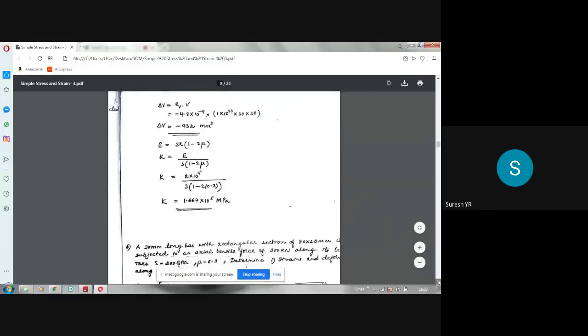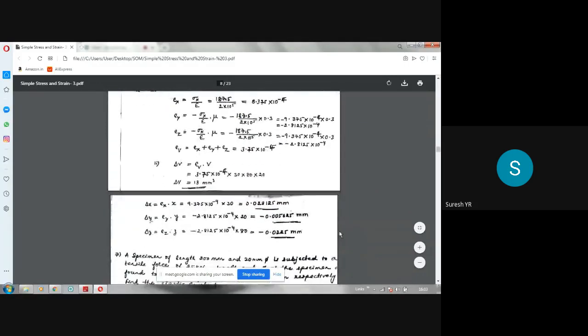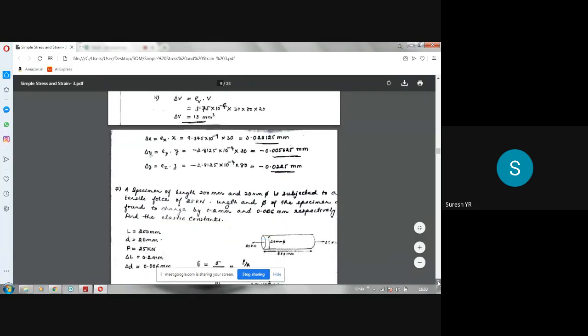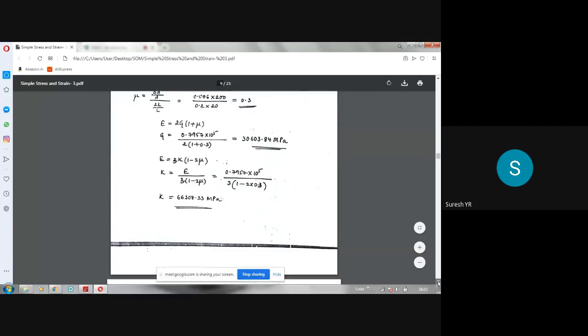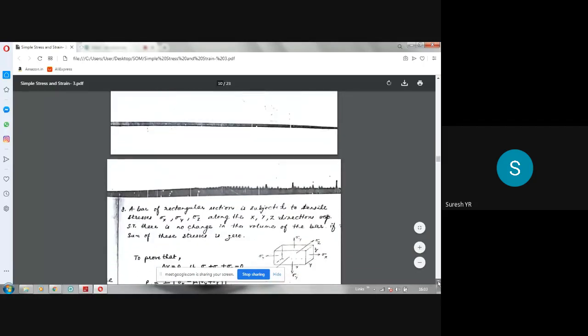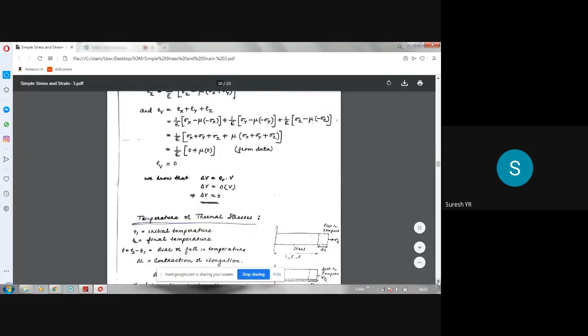Compressive stress problem, that also I explained. This is similar to the earlier problem which we have done in the last class, so you can go through that. Problem number 7 is similar to problem number 1. Data is different. And lastly, we have proved this. So this is what I wanted to explain to you today.